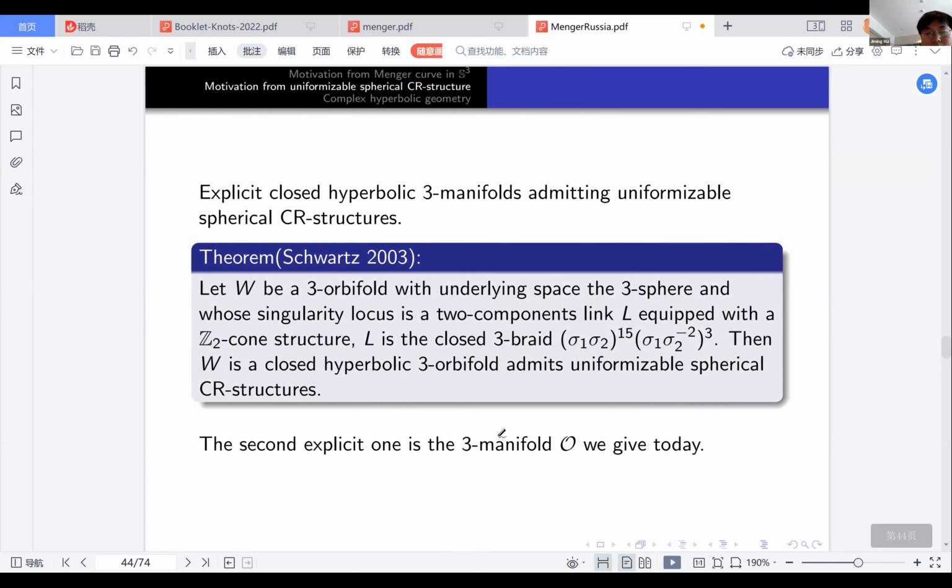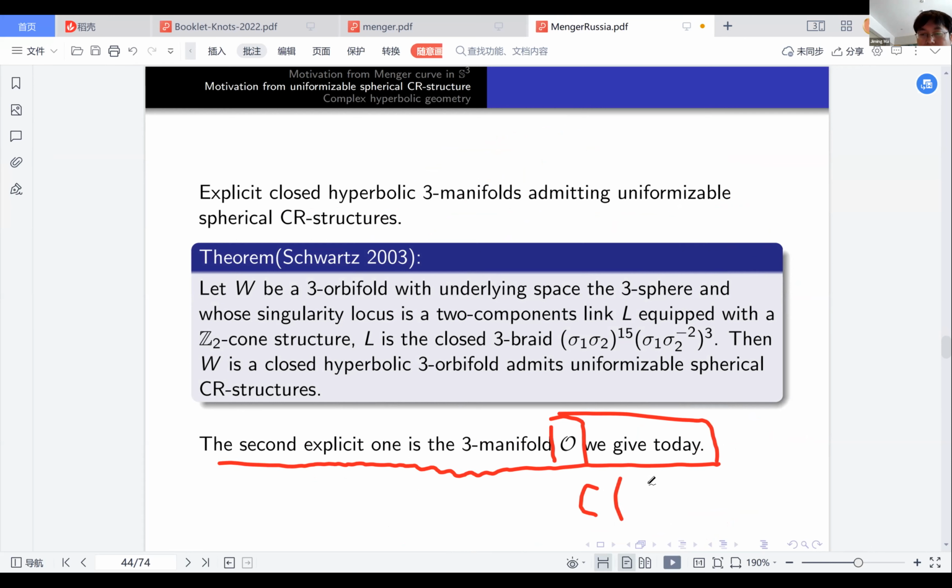And the second explicit one is the 3-orbifold we gave today, which is C6 maybe -2 and the G2 code, G3 code. Right. Okay, this is just the second explicit example.